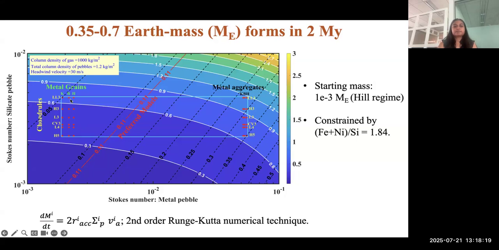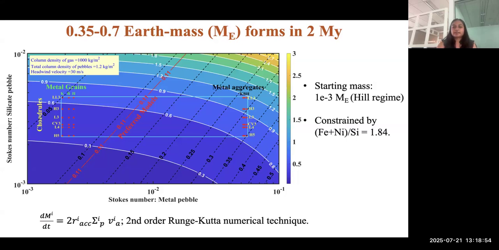These red dots represent the Stokes number combination of chondrules and different metal grains. These are calculated based on their measured density and sizes. Now I extend these red dots horizontally along the x-axis to represent metal aggregates, because metal grains can coalesce and make metal aggregates.